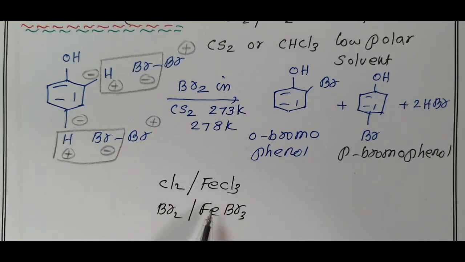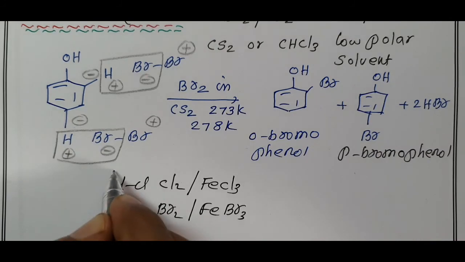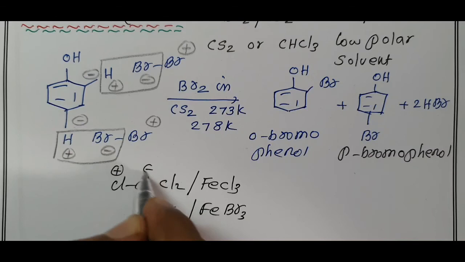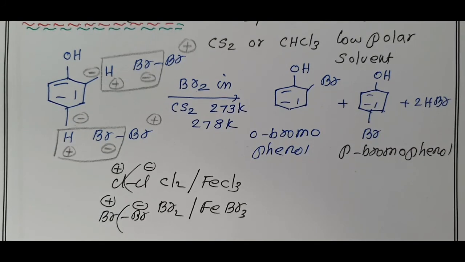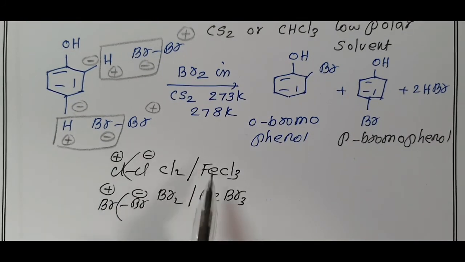This Lewis acid polarizes the halogen, converting bromine into Br plus and Br minus. What is the purpose of using the Lewis acid? The Lewis acid polarizes the halogen.